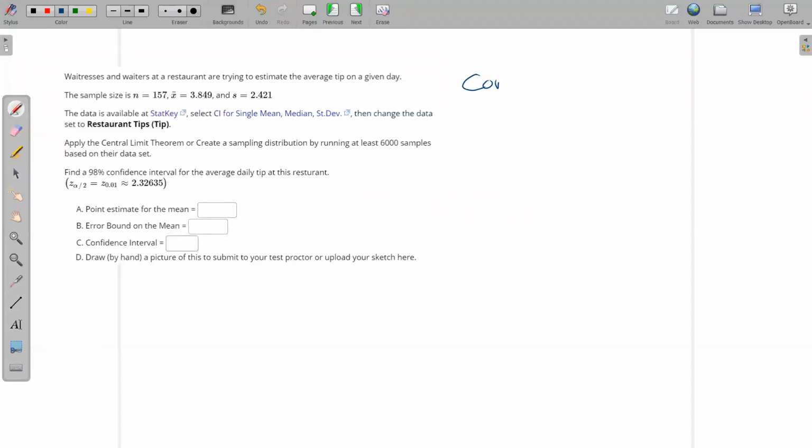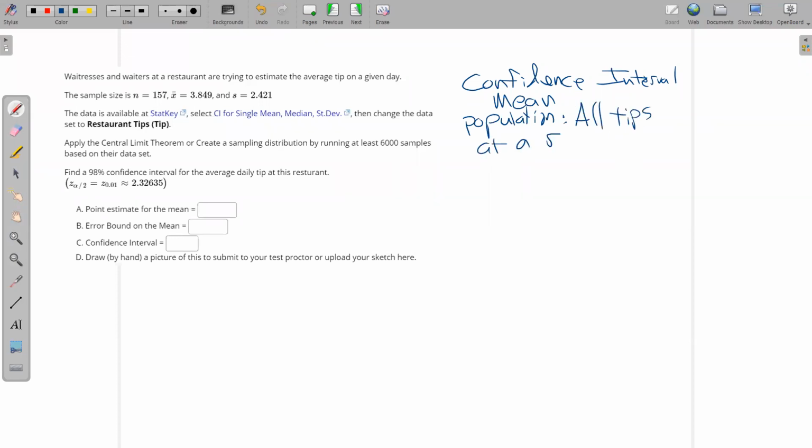So confidence interval for a mean, the population here is all tips at a restaurant. And we are trying to estimate the average daily tip.